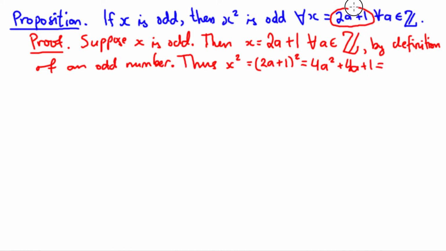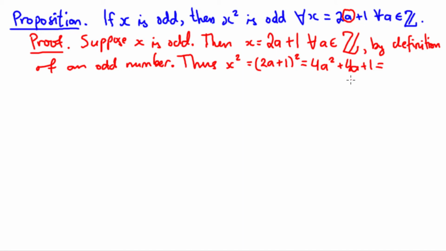Because what we want to prove is that x squared is an odd number, so it should be something in this form. We want to have an a. Imagine a to be anything, because a could be any integer, but we want to have this form of 2 something plus 1.